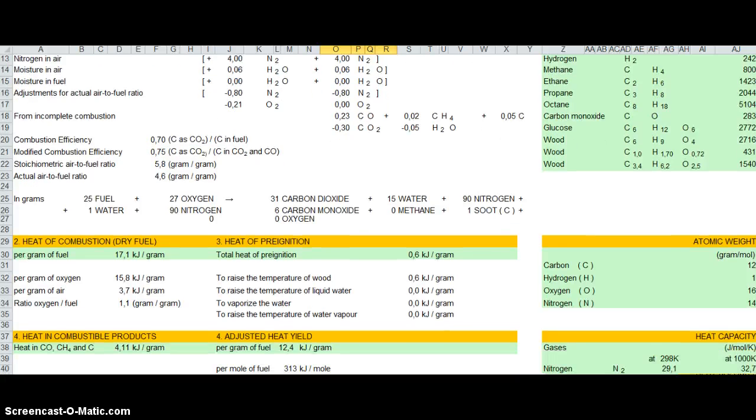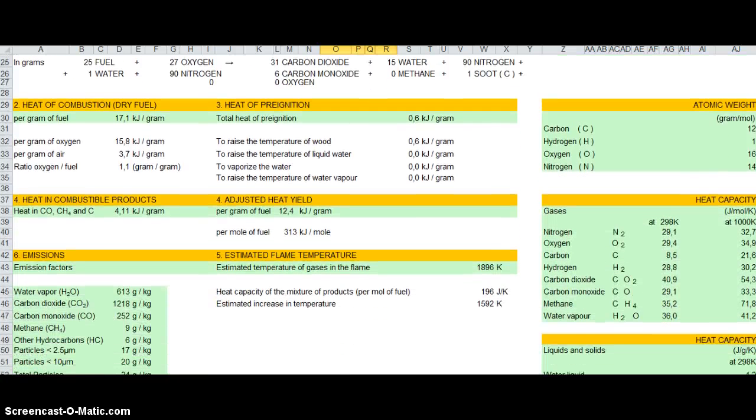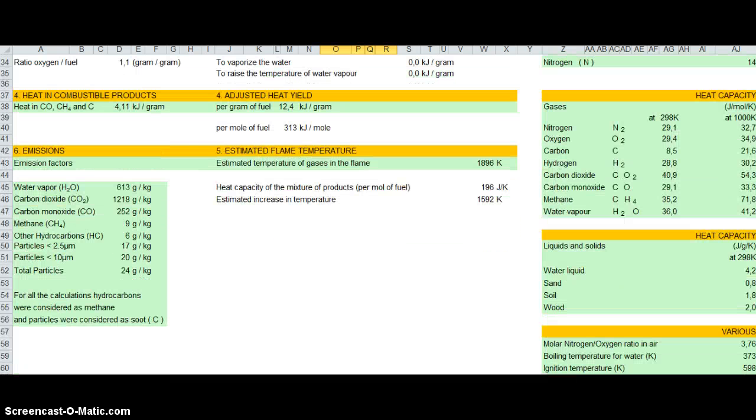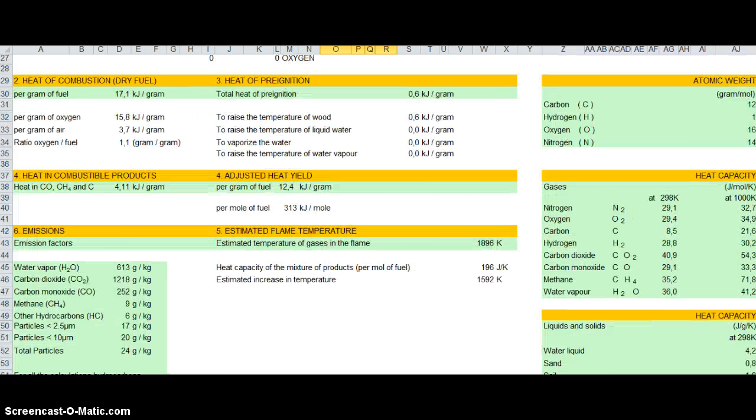You can look at the intermediate steps that were used to calculate the heat of combustion and heat yield, and you can also look at what were, let's say, the emission factors that were calculated in order to estimate the emissions from that fire.